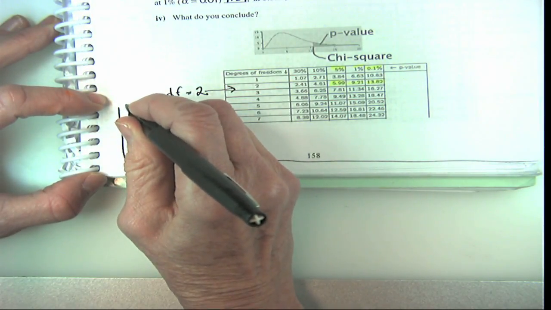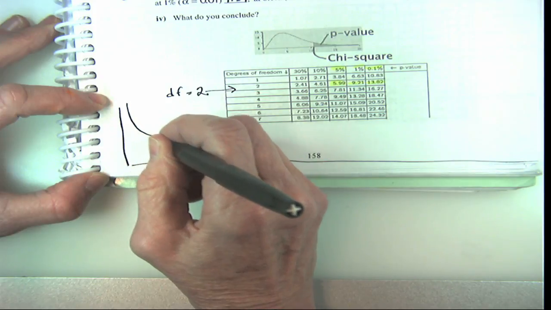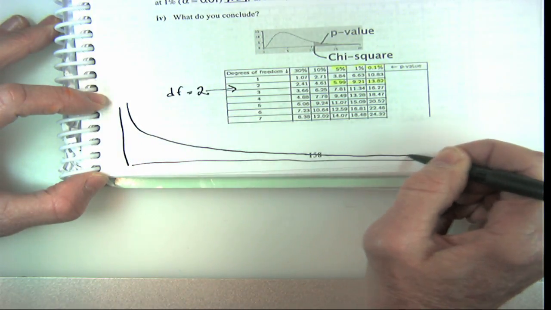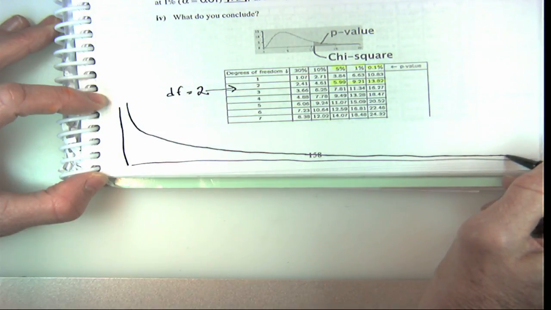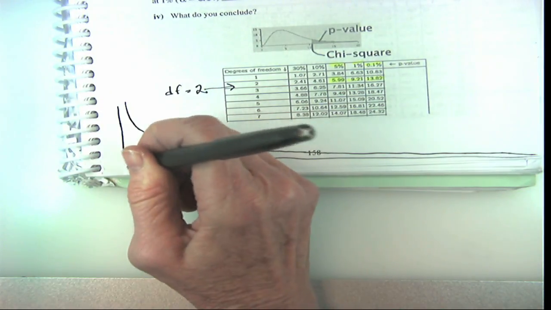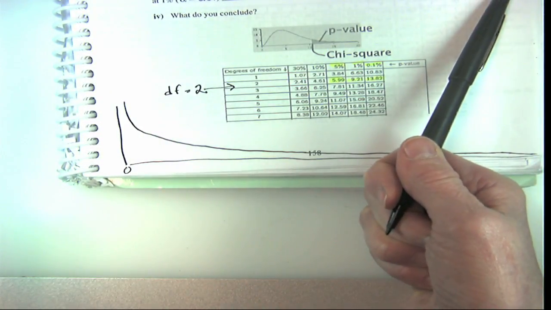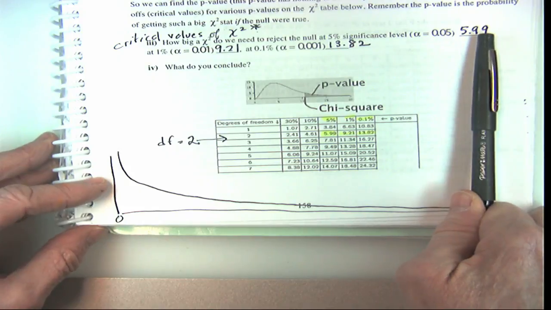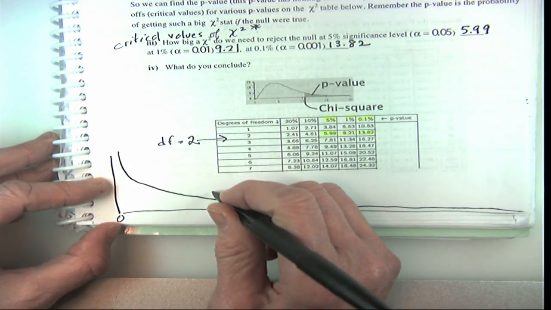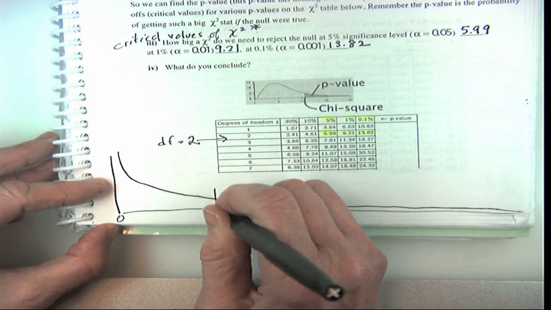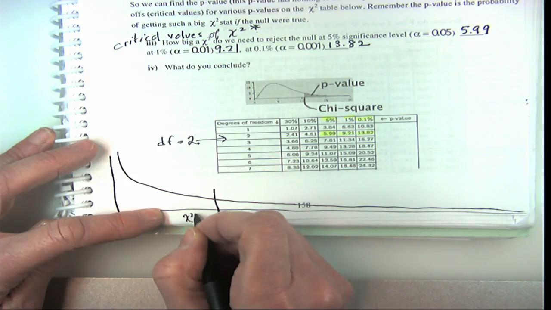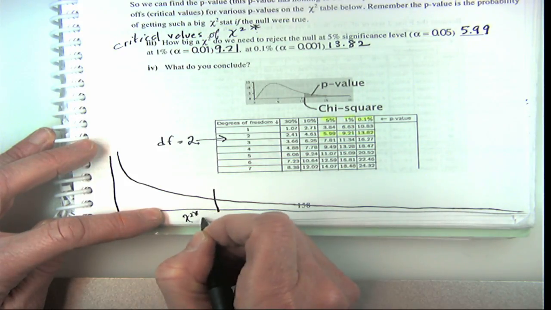And we have a curve that never crosses, so it goes on forever, but it keeps getting closer and closer to the x-axis. And here's 0. What these critical values tell us is the cutoff. So let's do this one. Say right there is the critical value. I'll put a star here.